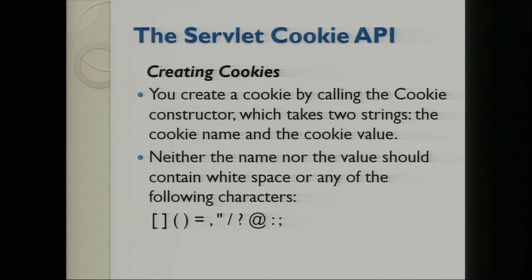One thing you need to remember is that neither the name nor the value should contain white space or any of the following characters: angle brackets, braces, equals sign, at sign, question mark, colon and some special symbols.